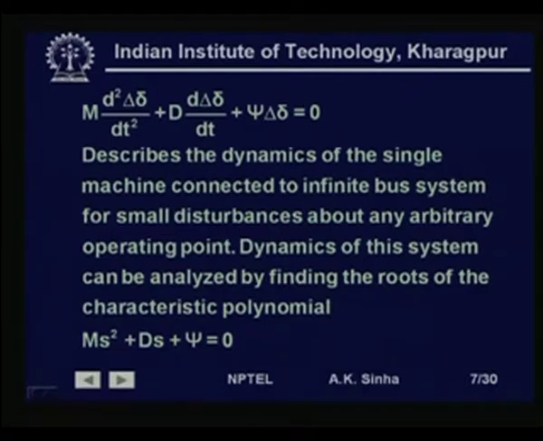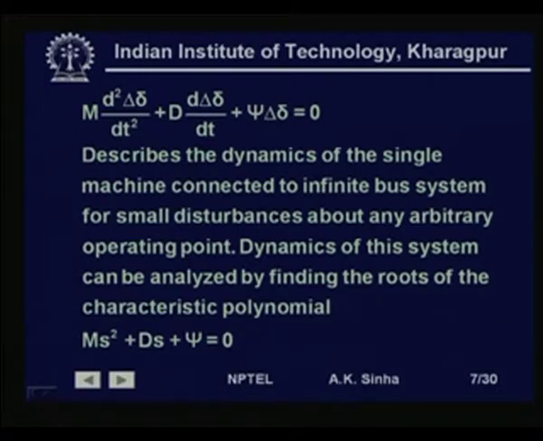About that delta 0, this is describing the dynamics of a single machine connected to infinite bus system, that is, the dynamics of the single machine about any starting operating point.